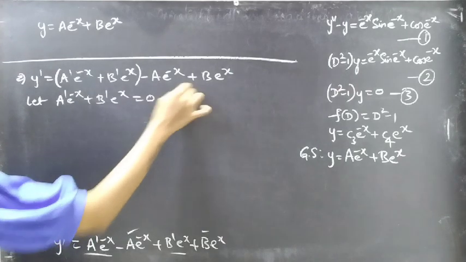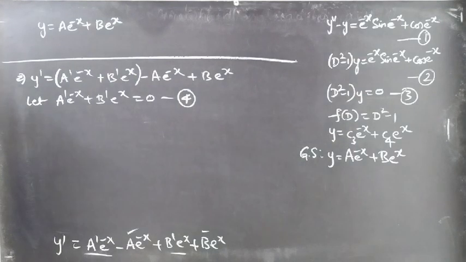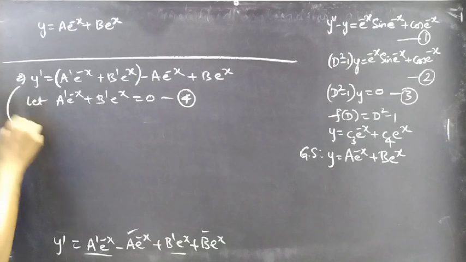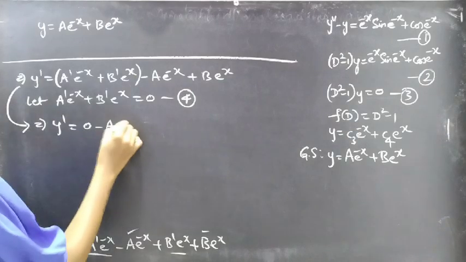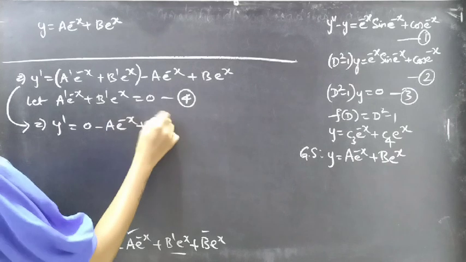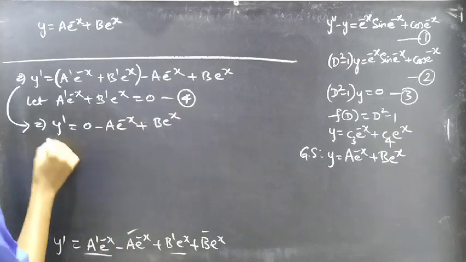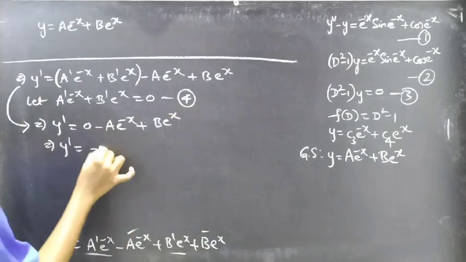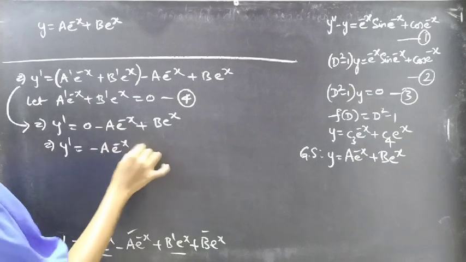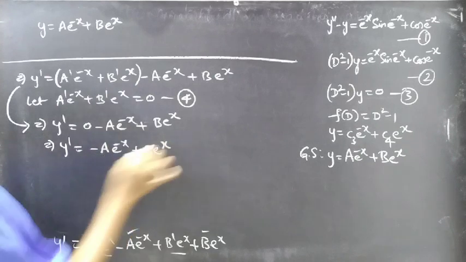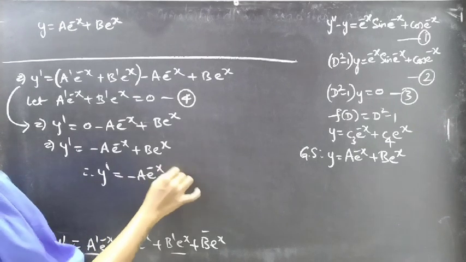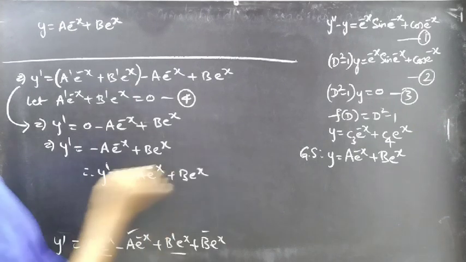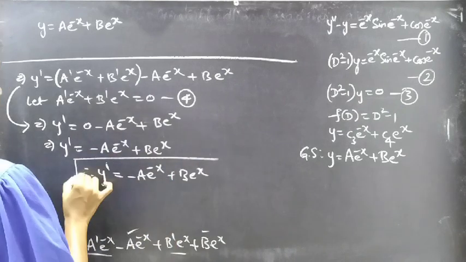Consider this as equation 4, so that a double dash and b double dash will not appear while finding y double dash. Then the above equation becomes y dash equals 0 minus a e^(-x) plus b e^x. Therefore, y dash equals minus a e^(-x) plus b e^x. We got y dash here.